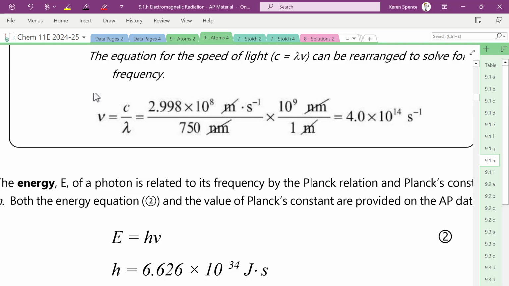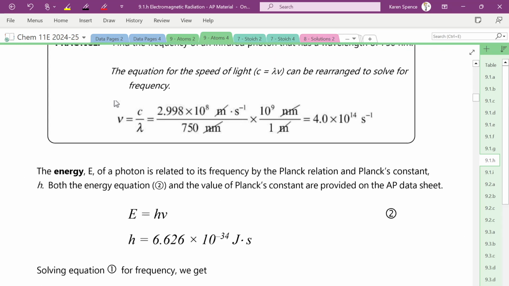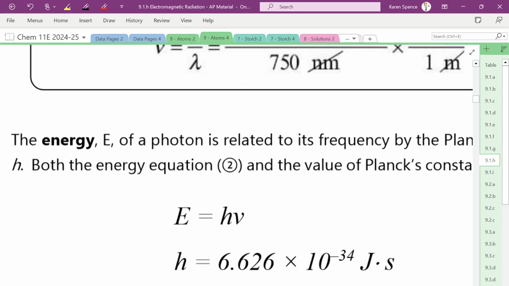Now, the energy of a photon, we have another formula for that. It is related to its frequency by Planck's constant, h. So in this case, h is the constant.